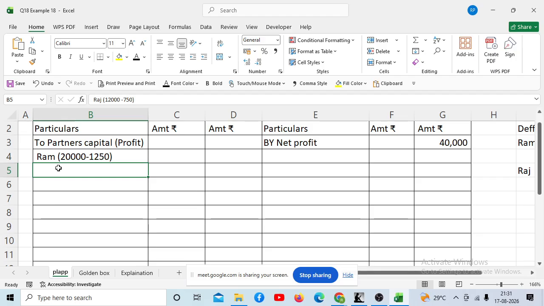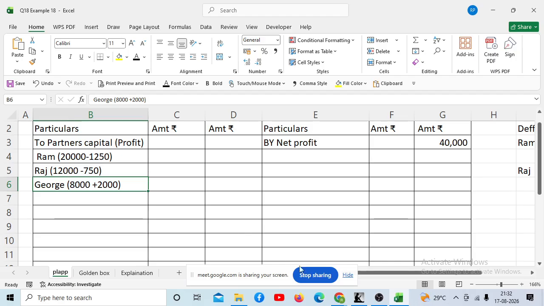So for Raj, just open the bracket and write 12,000. And who is the third partner? George. How much George will get? 8,000. Right? So for George, write into bracket 8,000. You had written these three amounts, no? 20, 12 and 8, right?